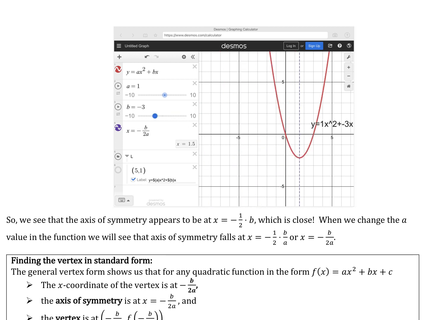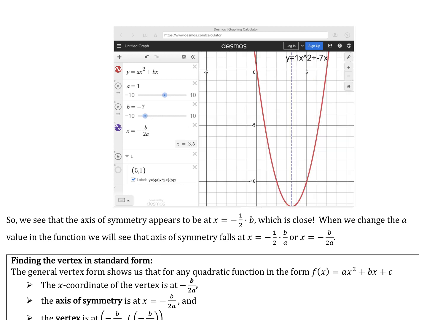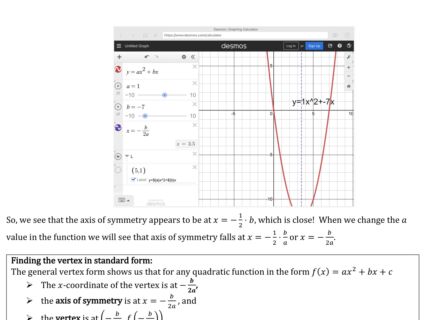If we go to -4, now the axis of symmetry is at 2. If we go to -7, the axis of symmetry is at 3.5. If we bring this back to -2, there's our axis of symmetry at 1, which is half of b.